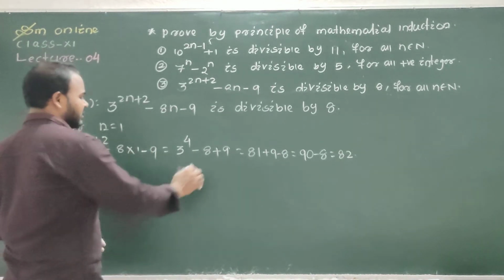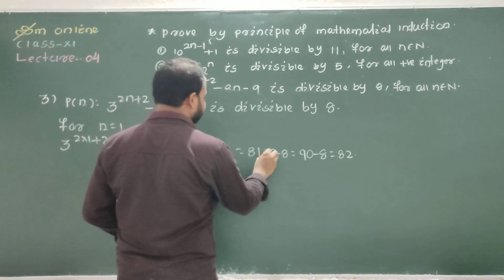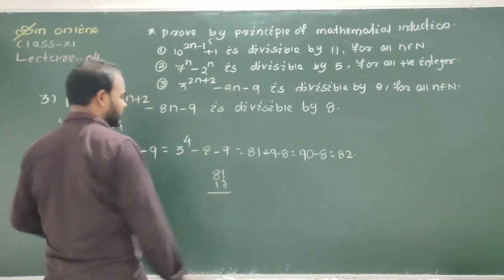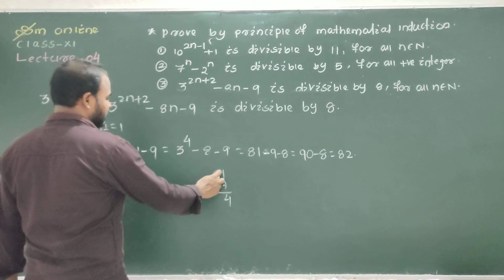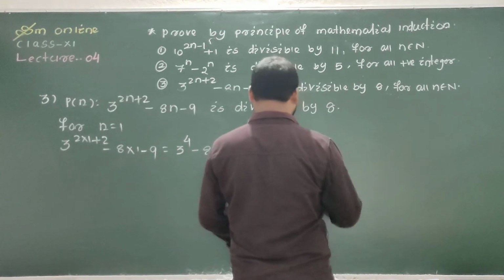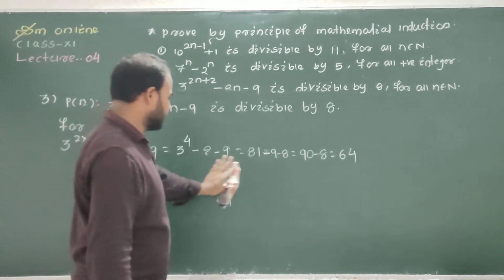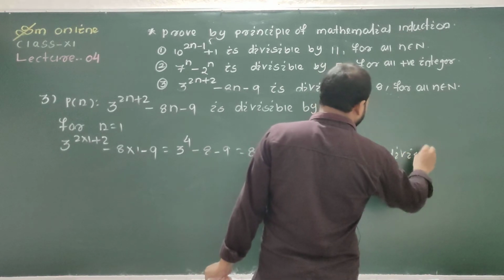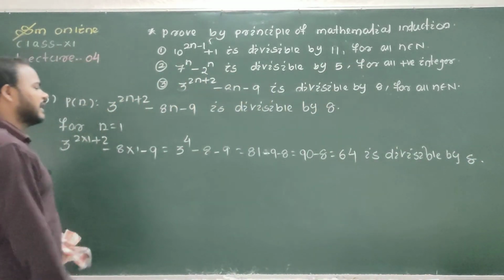This is minus 8, and it is minus 9. So 81 minus 17, this is 4, and 7 minus 1 is 6, so this is 64. And 64 is divisible by 8.